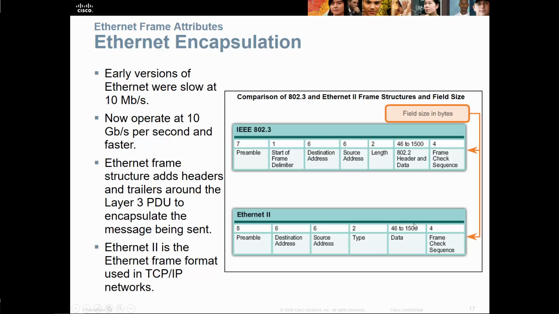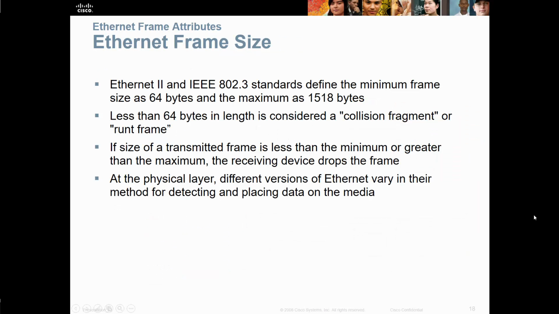Here we have our packet. So our Ethernet frame size, both Ethernet 2 and 802.3, normally defines the minimum frame as 64 bytes and the maximum as 1518.